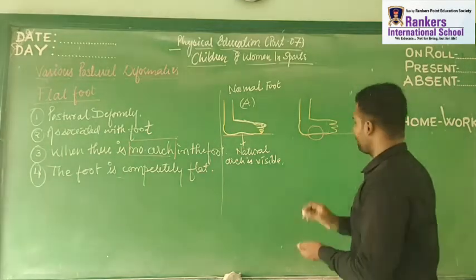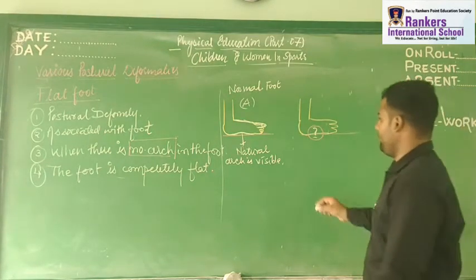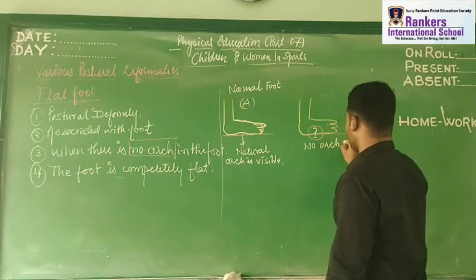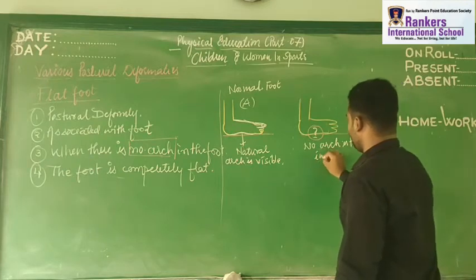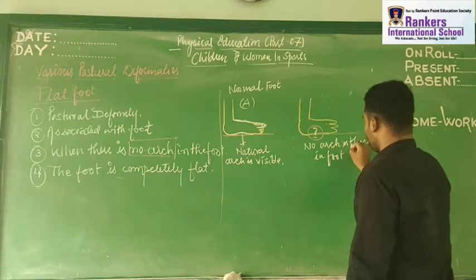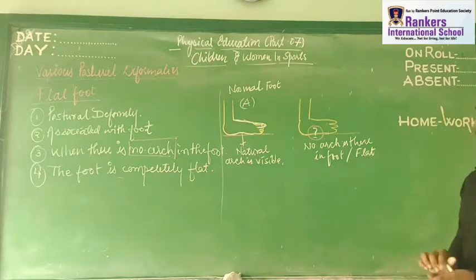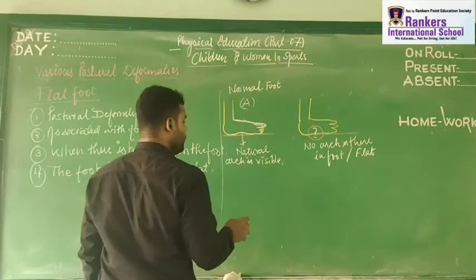There is no natural arch. When there is no arch in the foot, the foot is completely flat. The person who has this kind of problem gives the full print.